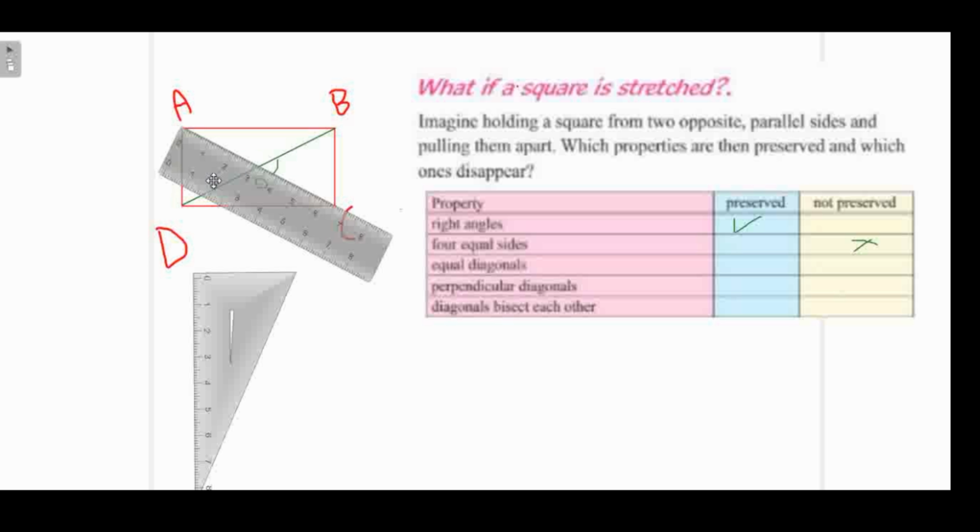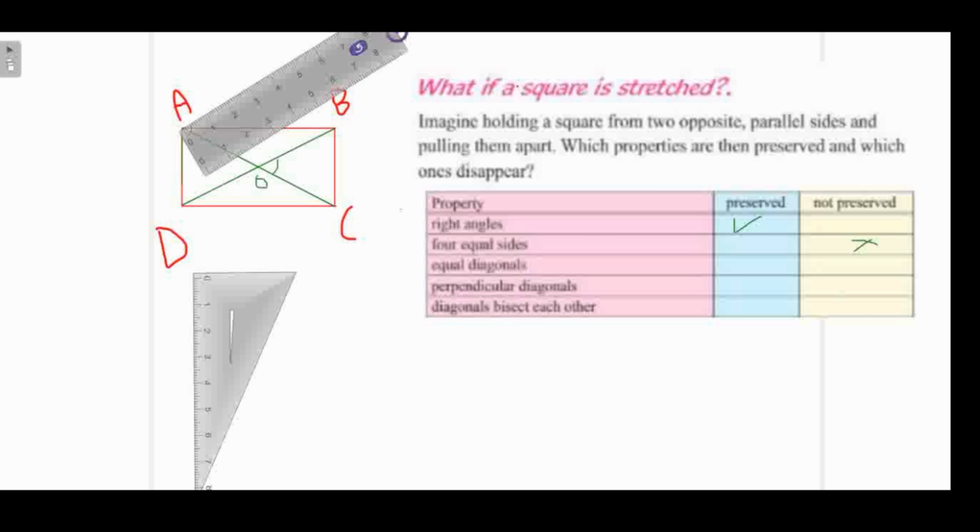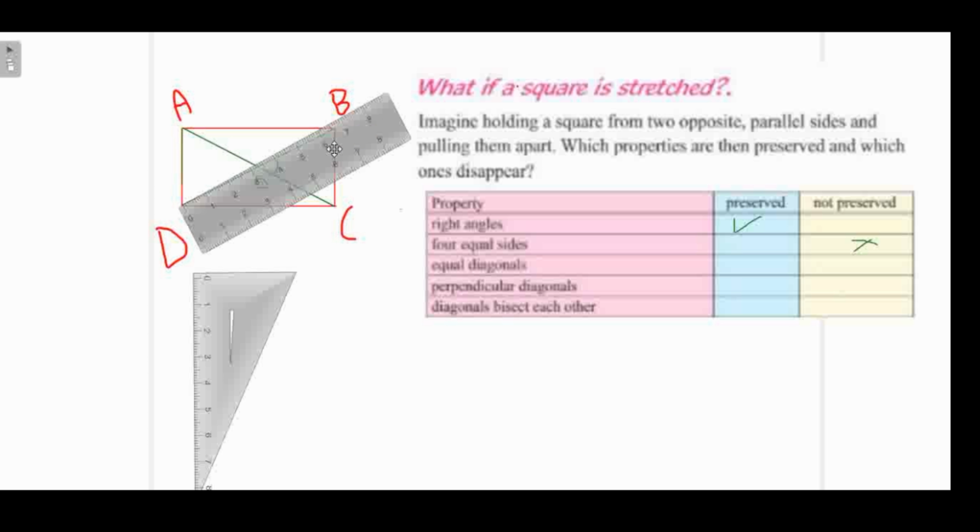I'm going to use a ruler and see that AC is about 6.6, between 6.6 and 6.7. Let's measure the other diagonal, BD. Also it is 6.6. So yes, the diagonals are equal. So it is a property for a square and a rectangle.